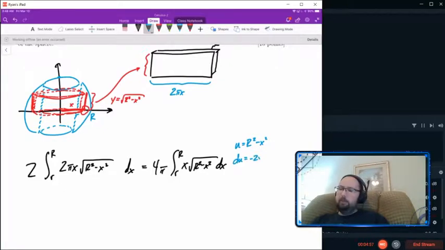Therefore, du will be negative 2x dx. And I'll write negative 1/2 du equals x dx, because x dx is in my integral, so when I switch to du, I'm going to introduce that extra factor there.